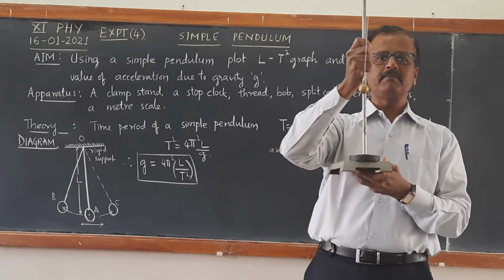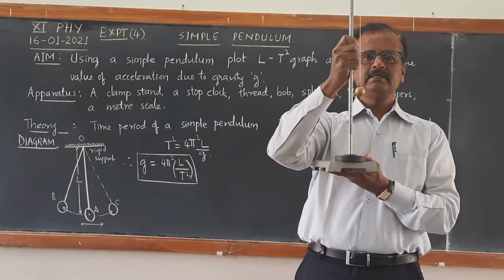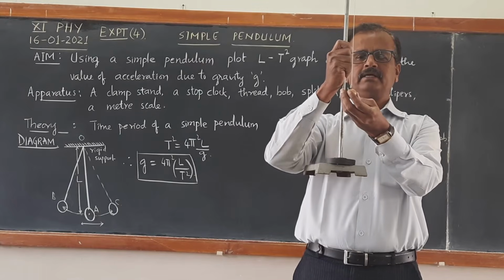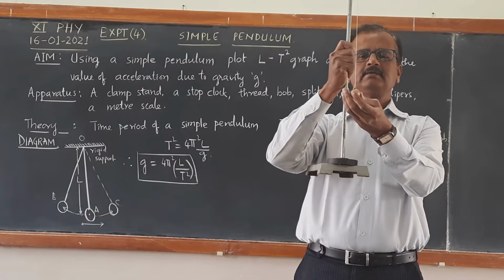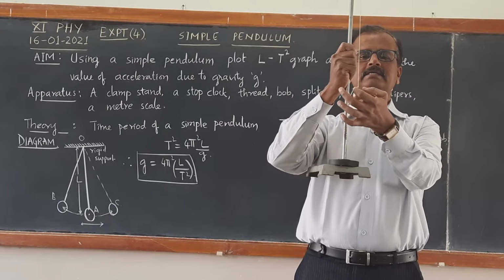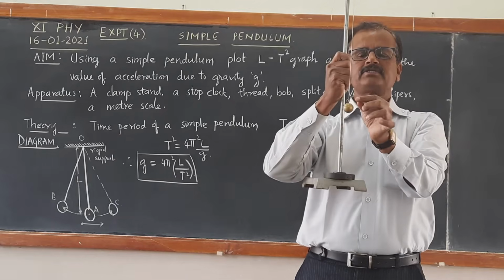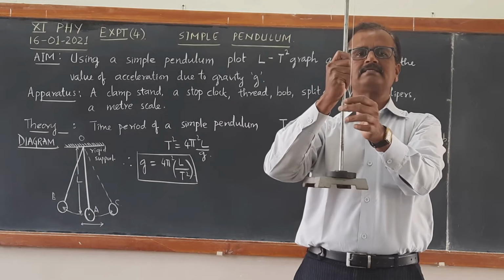What is a simple pendulum? As I have already explained earlier, a simple pendulum consists of a heavy bob. You can see here a heavy point mass called a bob being suspended freely from an inextensible and perfectly flexible string.